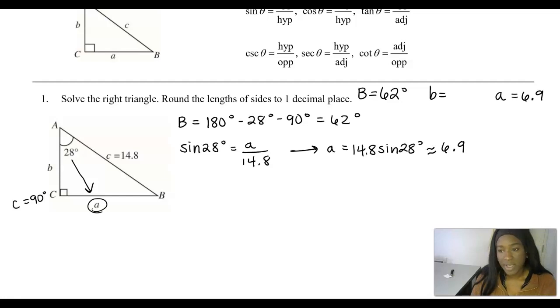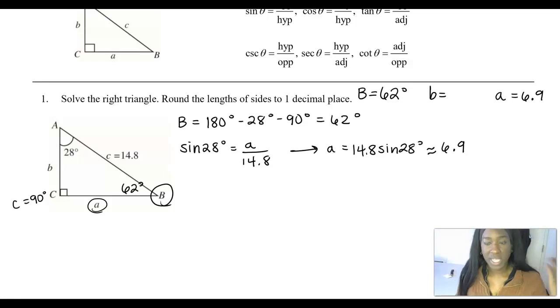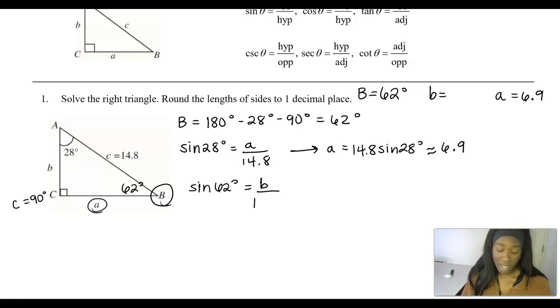Next, I'm going to find little b. This time to find little b, I'm going to work with the capital B angle, which we said earlier was 62 degrees. You could have still worked with the 28, it's just that you would have had to use cosine, because little b is adjacent to 28. So using sine again, because from 62 degrees, the opposite side is b, and the hypotenuse side is still 14.8.